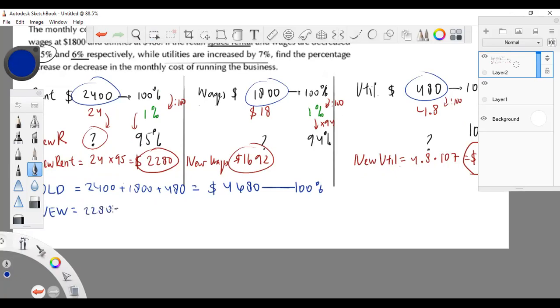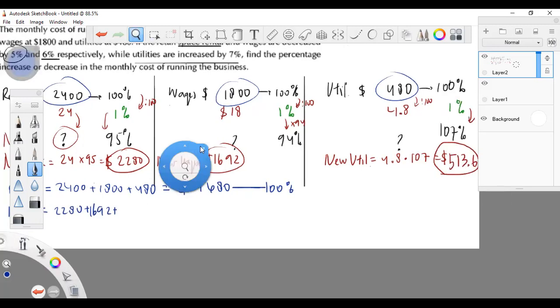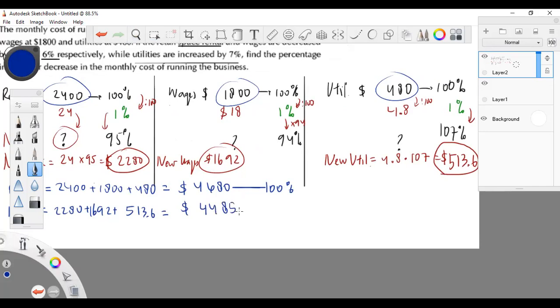Keep that in mind. The original is always 100%. So 2280, 1692, one more, 513.6. Oh, this is decimal. Okay, so 2280 plus 1692 plus 513.6. 4485.6. Oh, it's decreased. So this is how many percent?